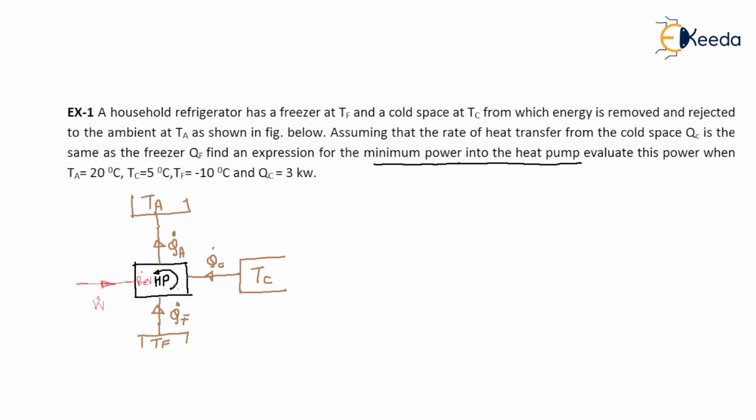Now, this is our system. First of all, if we calculate the minimum power input, that is the rate of work input, so this is a power.